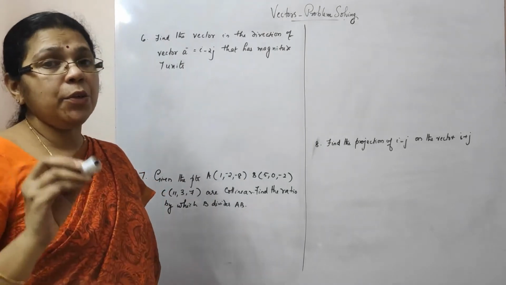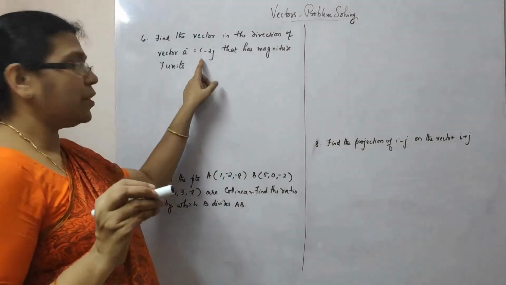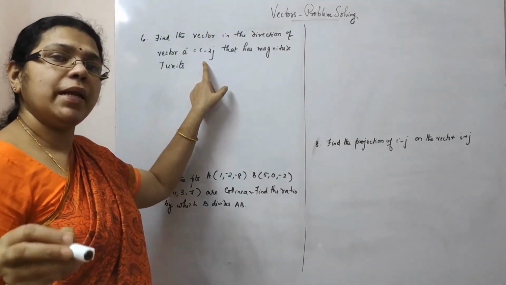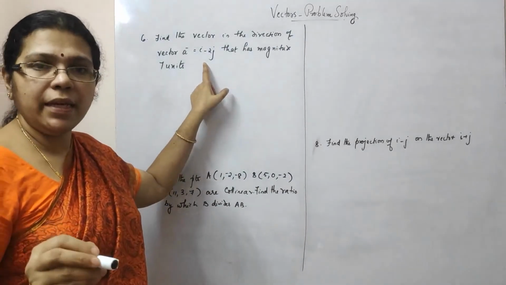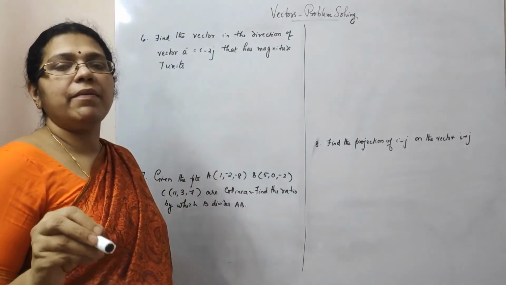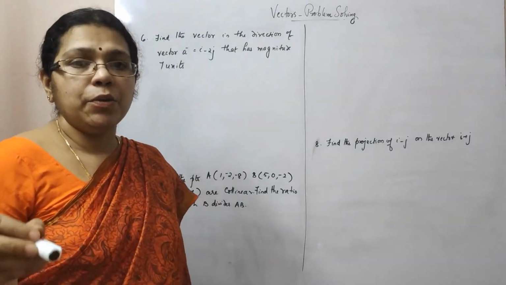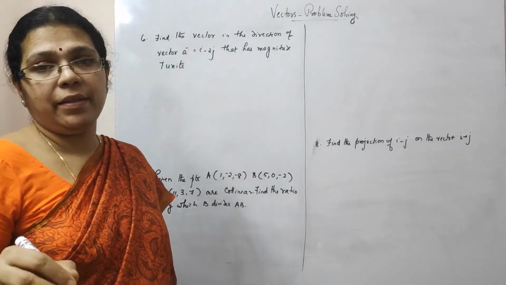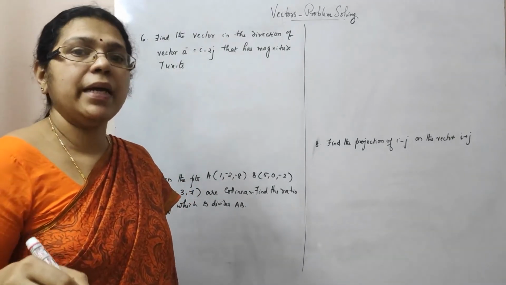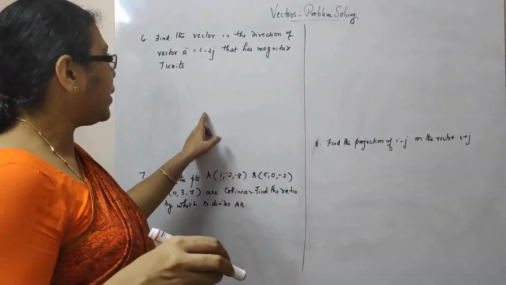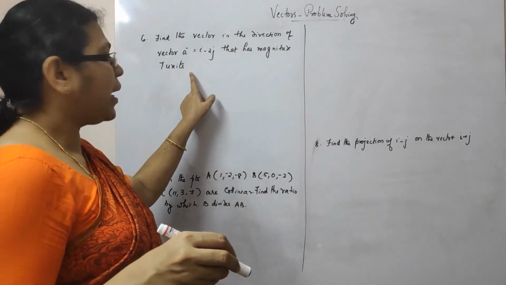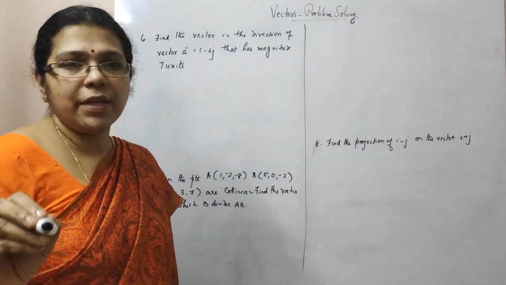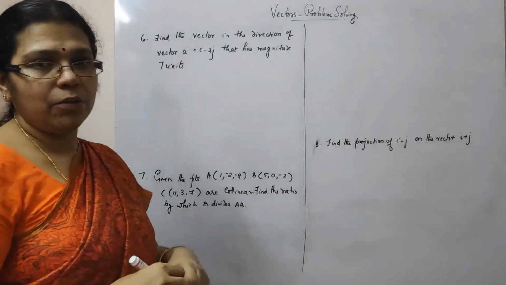We will find a unit vector in the direction of this vector, and when you multiply that unit vector by 7, where 7 is a scalar, you get the vector which has a magnitude of 7 units. It is a very straightforward question. Just listen how to do it.